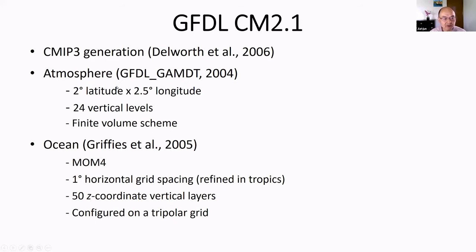The atmospheric model has a 2-degree by 2.5-degree resolution and 24 vertical levels. The ocean model is based on MOM4 and has a 1-degree horizontal resolution. The resolution is refined in the tropics. There are 50 z-coordinate vertical layers.